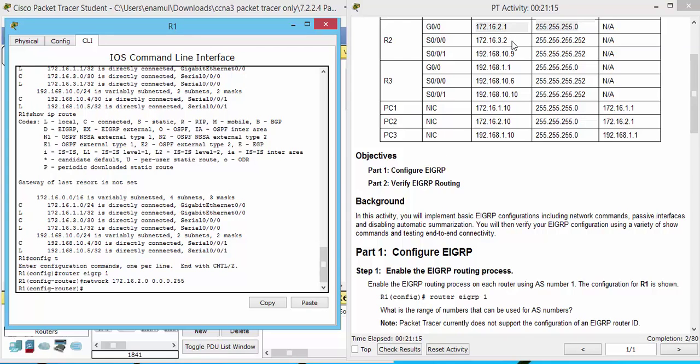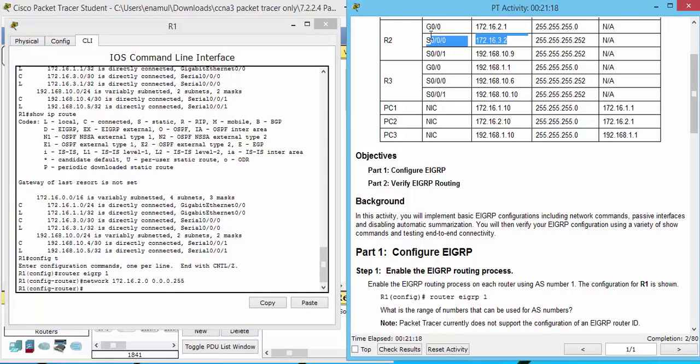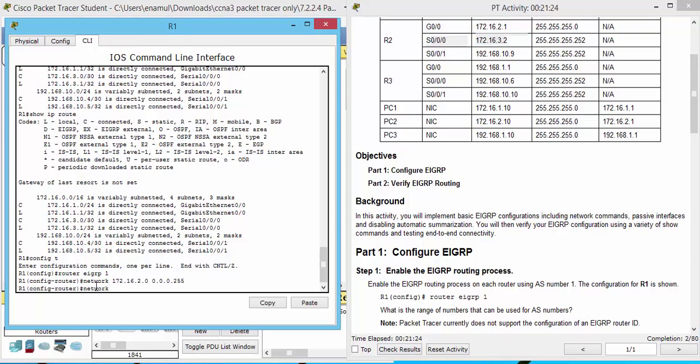And now we use the second subnet address. We type network 172.16.3.0. The serial interface address is 172.16.3.2, so the subnet address is going to be 172.16.3.0, and the wildcard mask is going to be 0.0.0.3.